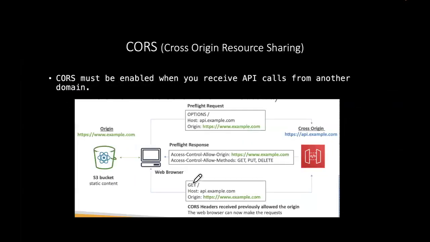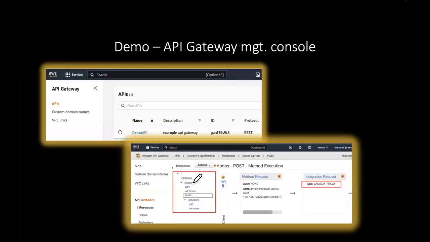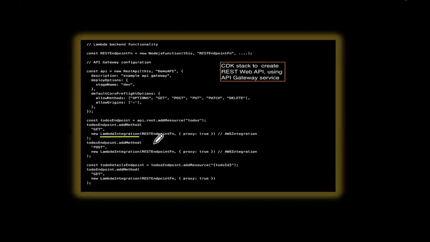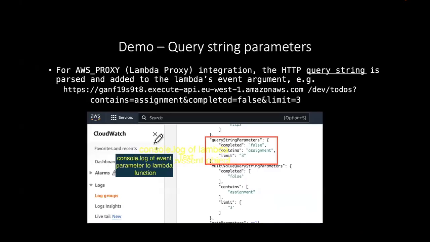Okay, so that's that demo. They're just screenshots from the management console. That's the stack code, which I've talked my way through. All I'm saying in this slide here is, if there are query string parameters in the HTTP request, how do you get at them within the Lambda function? Well, I've just demonstrated that to you.